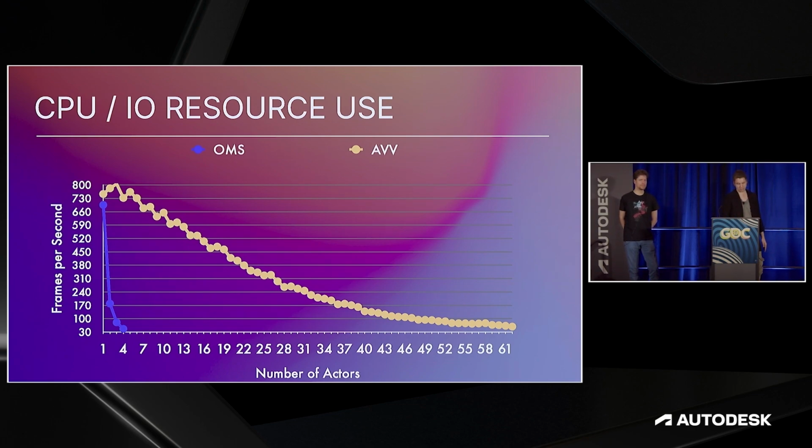We're basically off the chart really quickly with current generation codecs, but AVV maintains 60 frames a second all the way up to 60 independent streams. These are high detail streams. And this is just commodity hardware, like a 1080 or type of thing.